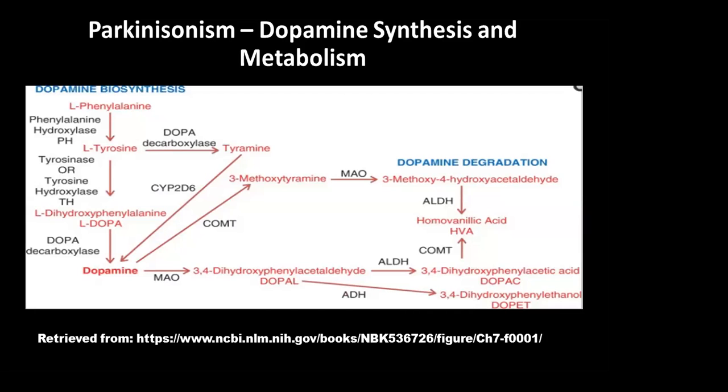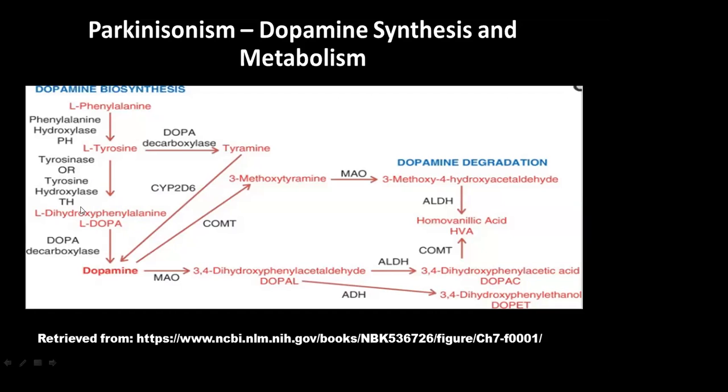the dopamine synthesis and the metabolism. So as you can see in here, the amino acids tyrosine and phenylalanine, catalyzed by the enzymes phenylalanine hydroxylase and tyrosine hydroxylase, will give rise to L-DOPA or levodihydroxyphenylalanine.